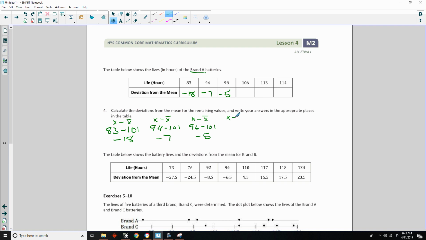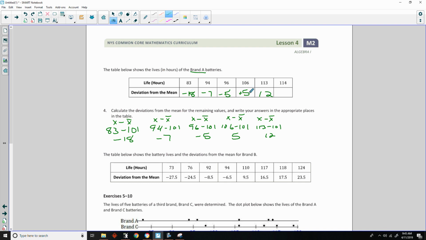And x minus x bar is 106 minus 101, and that's a 5. And then x minus x bar again is 113 minus 101, which is 12.